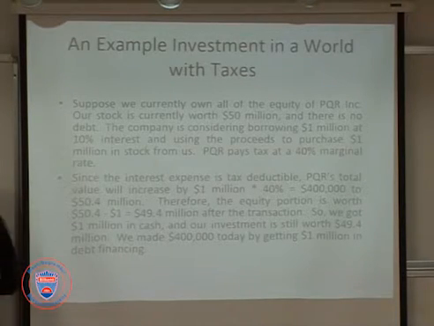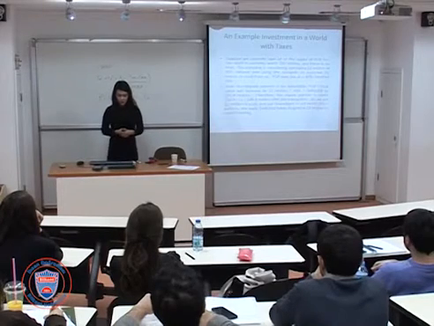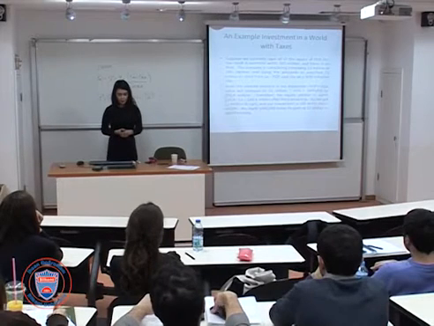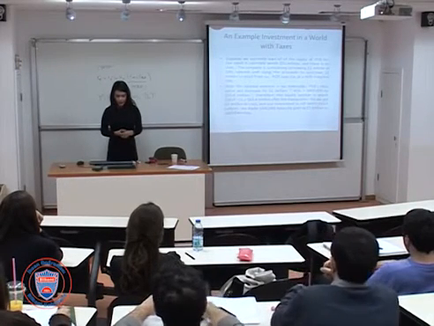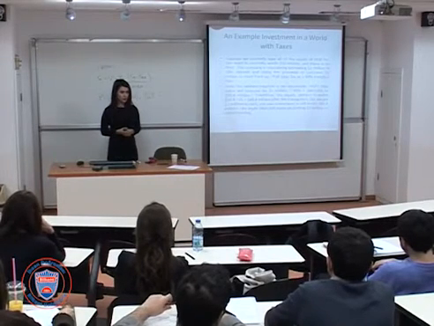Suppose that we own a company. It's an all-equity company, PQR. Our stock is currently worth $50 million, and there is no debt. The company is considering borrowing $1 million at 10% interest and using the proceeds to purchase $1 million in stock from us, repurchasing stocks.